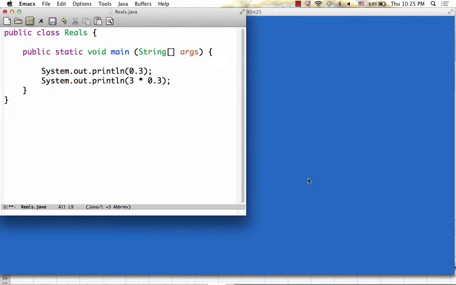This is a very simple program where we just print two numbers on the screen. We print 0.3 and then we multiply this number by 3 and we print the result. So obviously we would expect to see 0.3 as the first line of the output, and then the next line we probably expect to see 0.9.